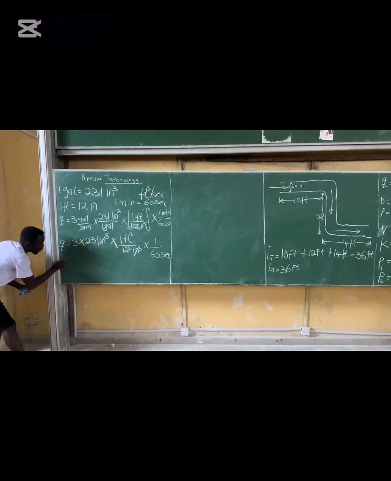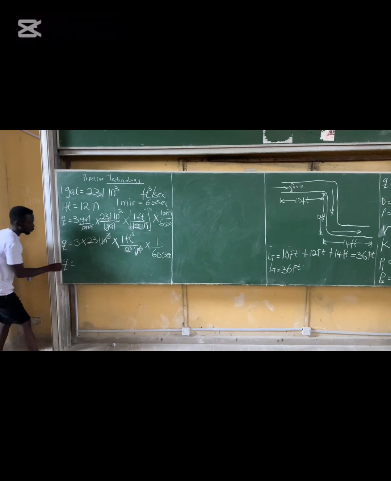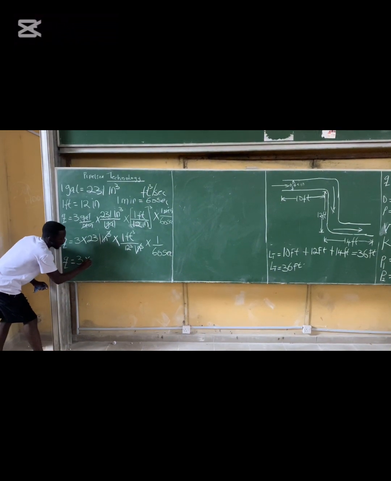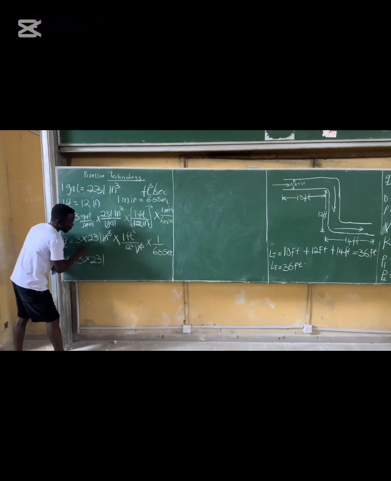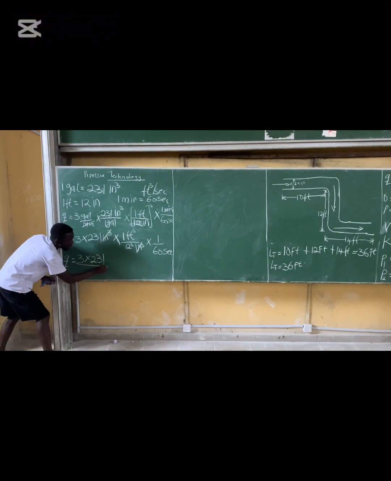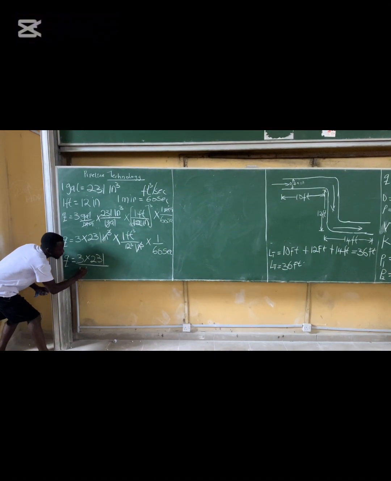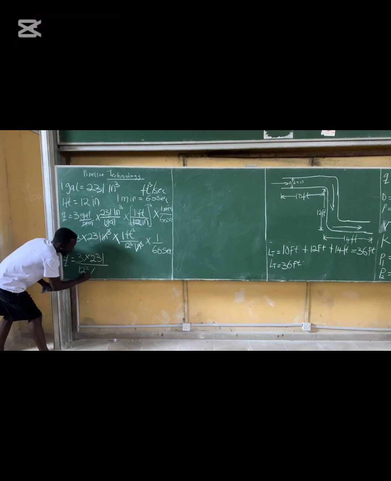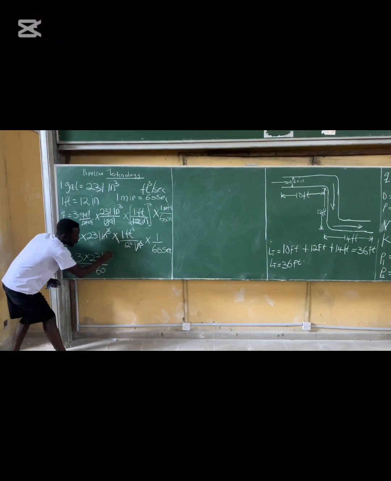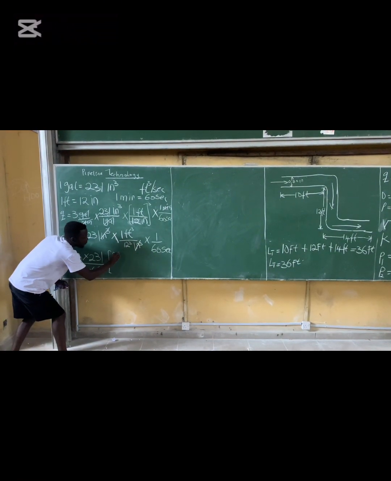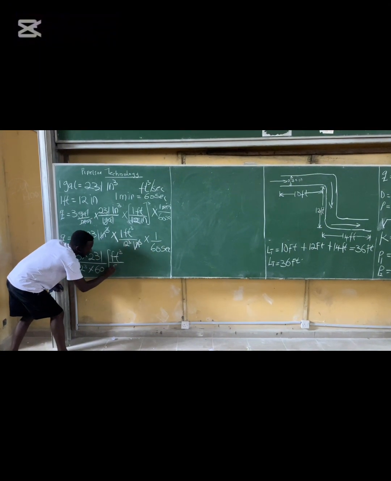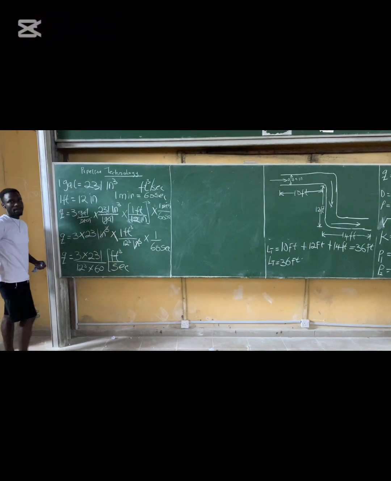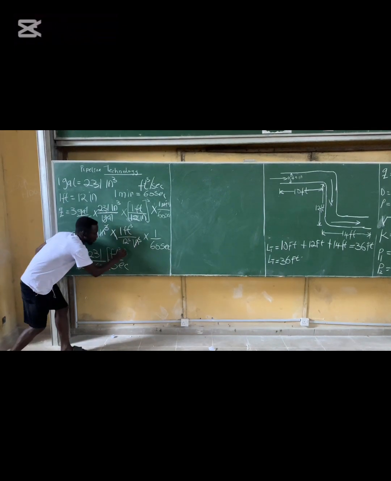So our flow rate Q is equal to 3 times 231, this is the value, divided by 12 raised to the power of 3 times 60. What will be the unit now? Feet raised to the power of 3 divided by second.